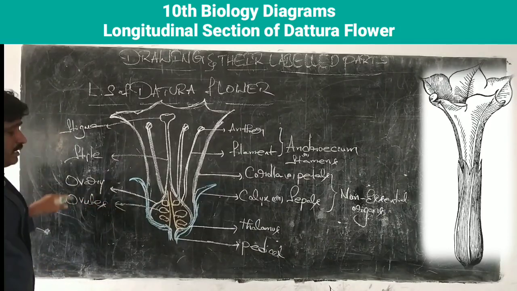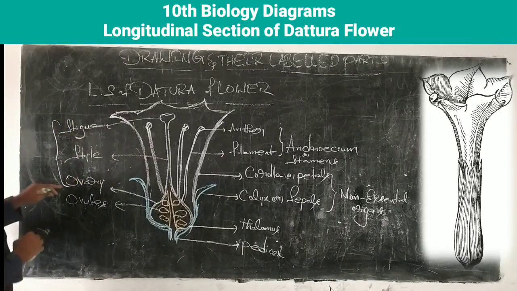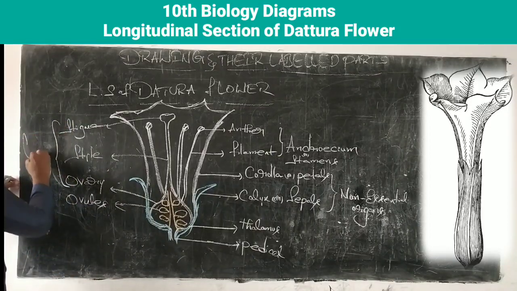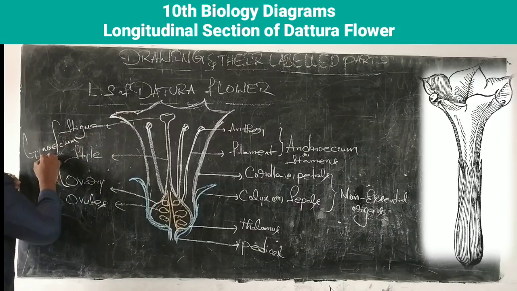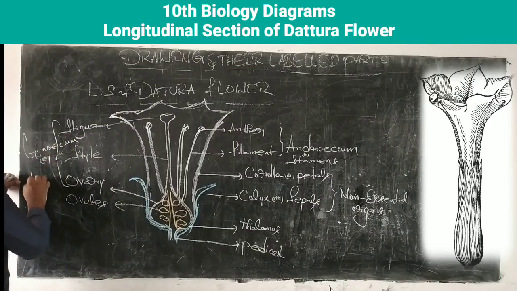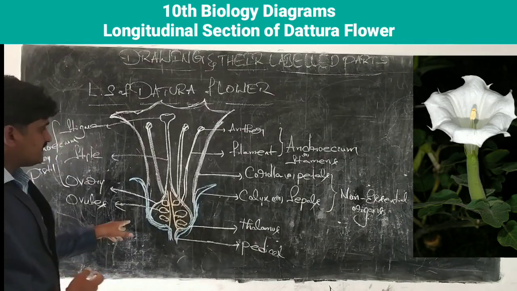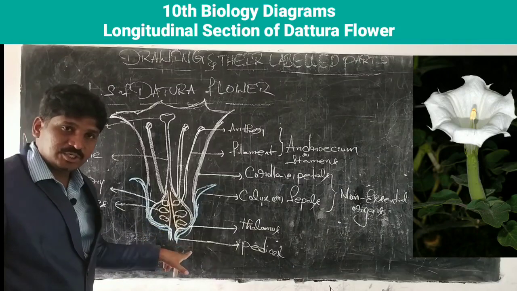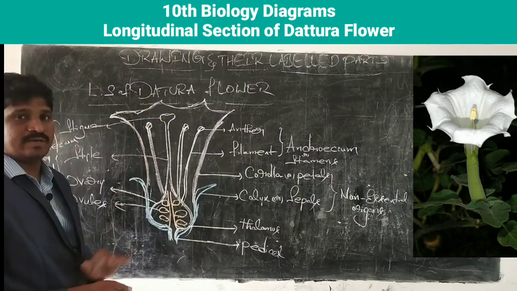Well, there are only three parts in the female: stigma, style, ovary. This is called gynoecium. Remember, students, all of you, gynoecium or pistil. Well, students, this is the diagrammatic representation of the longitudinal section of the datura flower.